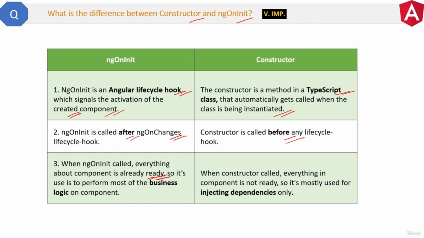So developers use it to perform most of the business logic on the component, and that code is written inside the ngOnInit lifecycle hook. Because if you perform operations when things are not ready, for example, if you perform business logic before ngOnInit, then many times the application can break because the component is still not ready.